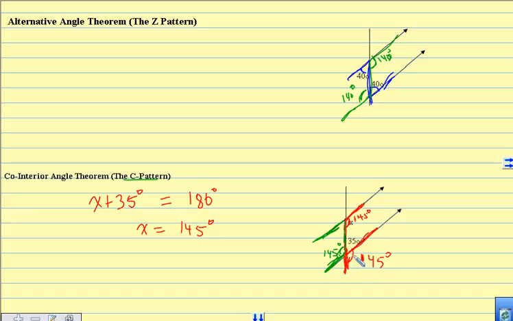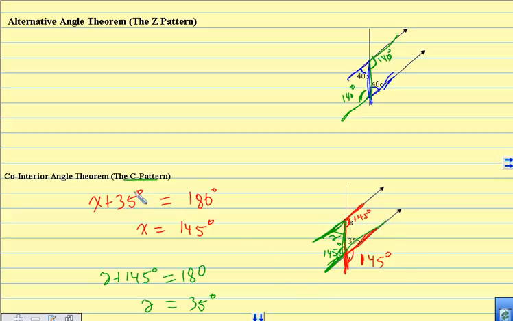The opposite angles, this is 145 degrees. Well, this one here, if I called it y, y plus 145 degrees would have to be equal to 180. So then y would equal 35 degrees. Or by the Z pattern, you could see here, 35, 35, done.